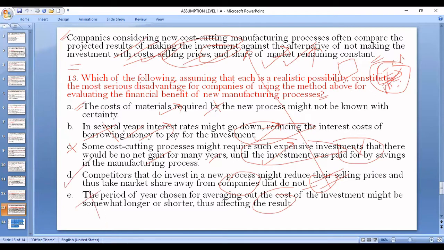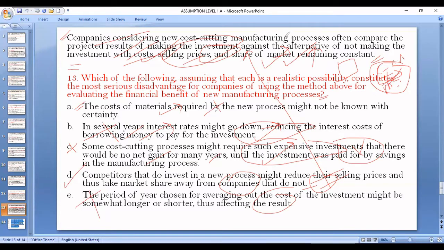Let's return to option D. It asks what is the most serious disadvantage for companies using the method above for evaluating the financial benefit. Companies considering cost-cutting manufacturing processes compare the projected result of making the investment against not making the investment, with selling price and share constant.